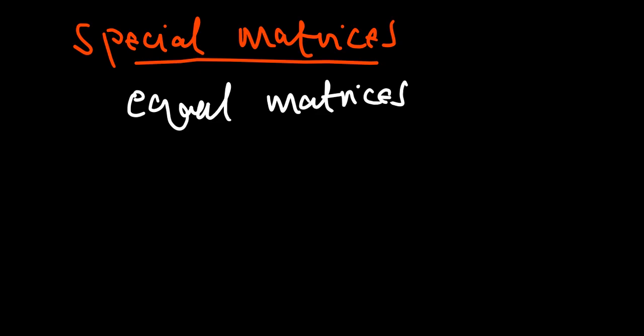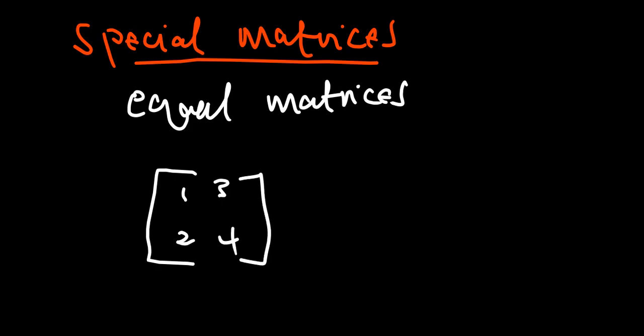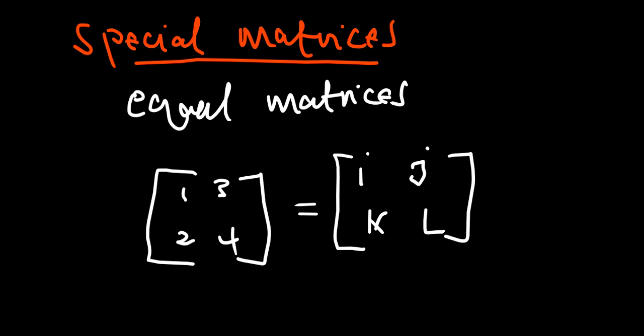For example, you can have 1, 2, 3 and 4 as my first matrix, and then they say this one is equal to i, j, k, and l. Then they can ask you to find the value of i, j, k, and l.